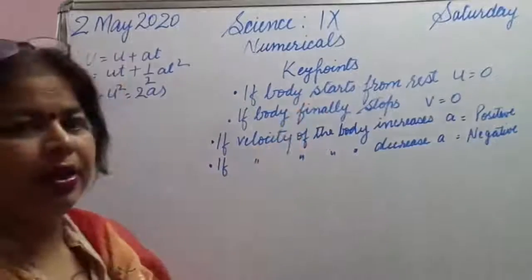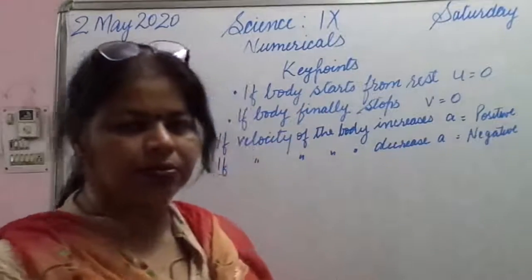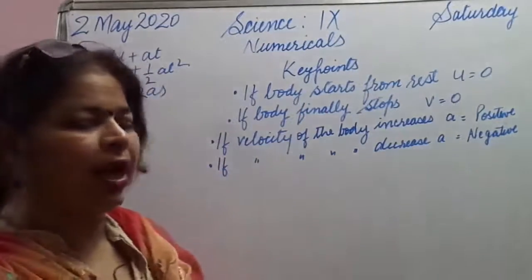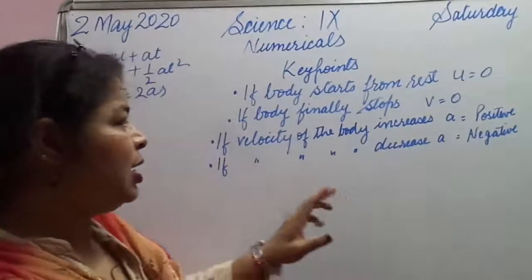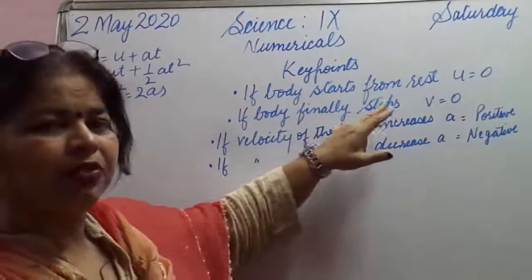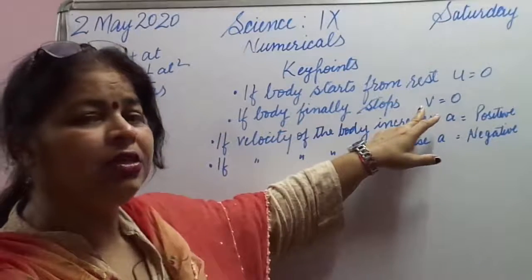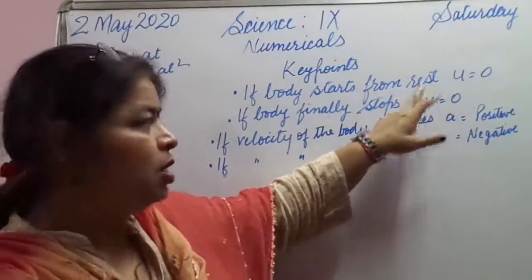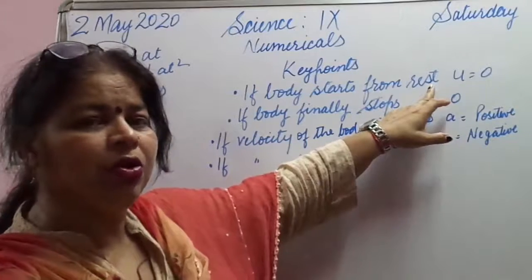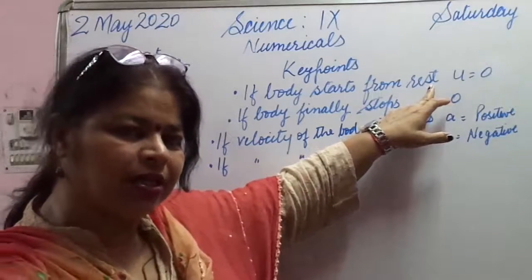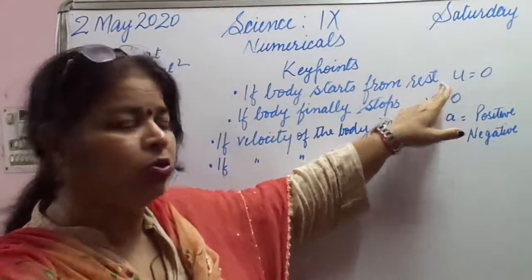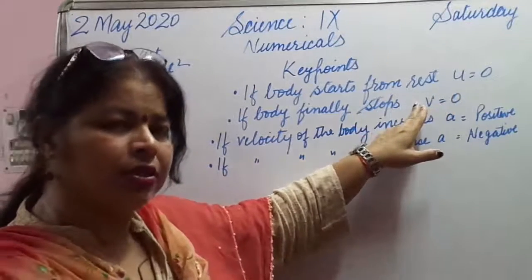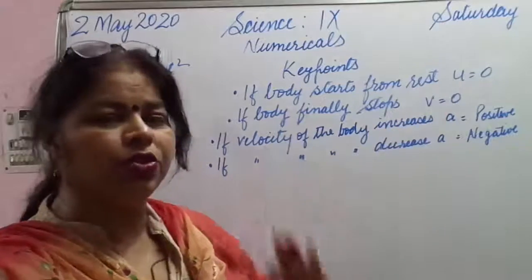If a body stops, like a body was moving and brakes were applied and it stopped, in that case, if a body finally stops, then we say that V, that is final velocity, is 0. Here the initial velocity is 0 when the object is at rest and it started moving, then U is equal to 0. But if object comes to rest, then V is equal to 0.